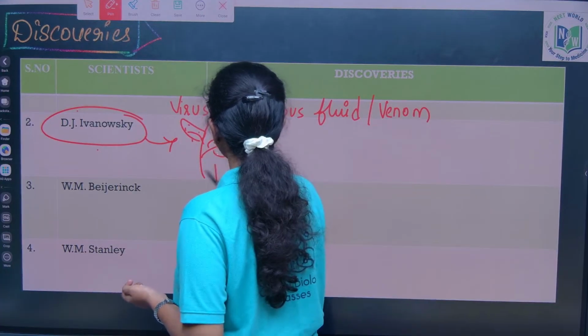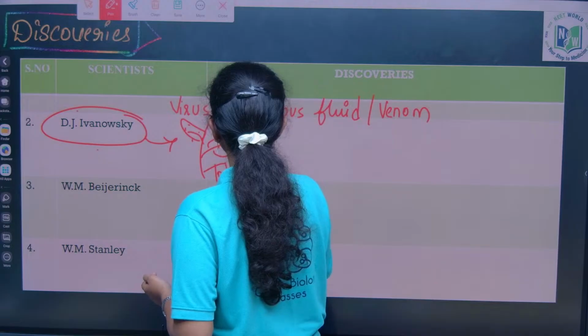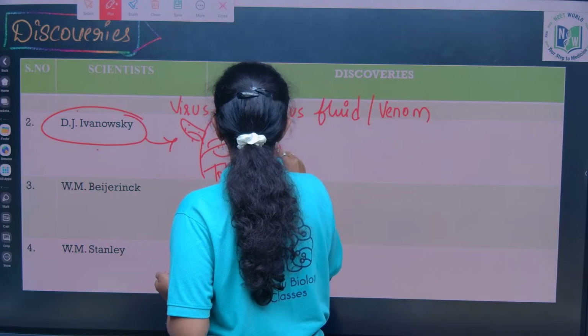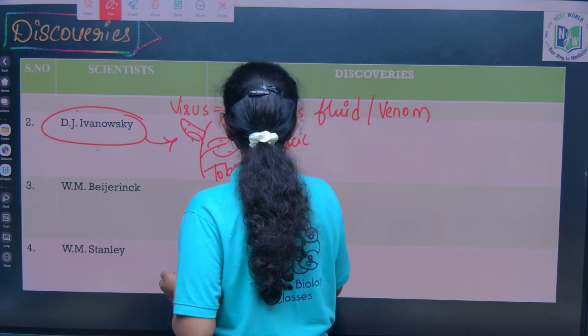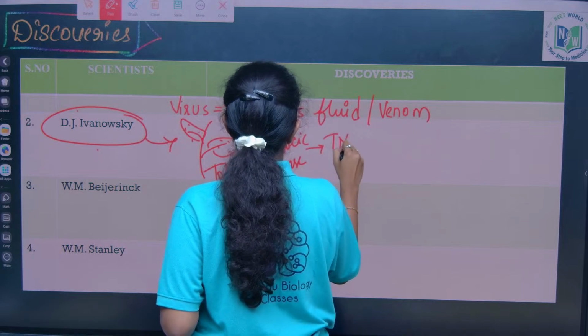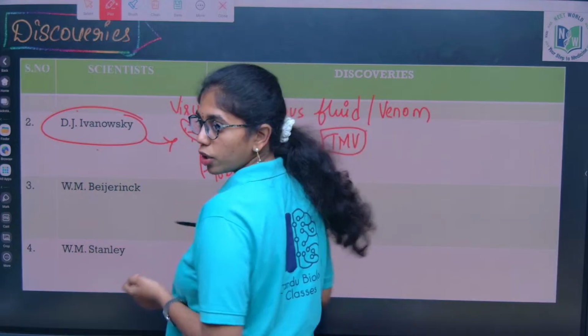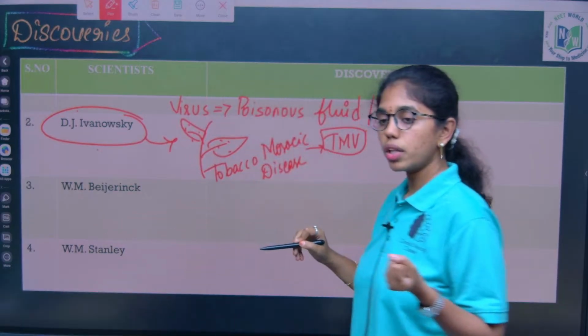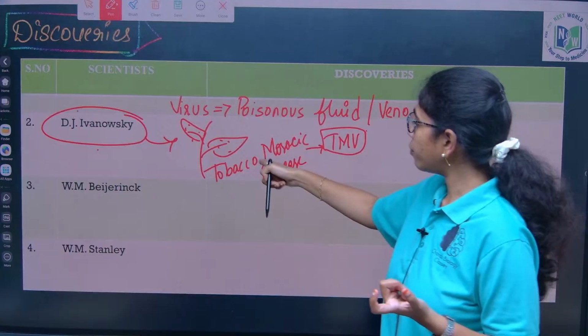Tobacco mosaic disease is caused by what virus? Tobacco mosaic virus. It is extracted in the form of a fluid from the infected leaves of the tobacco plant.